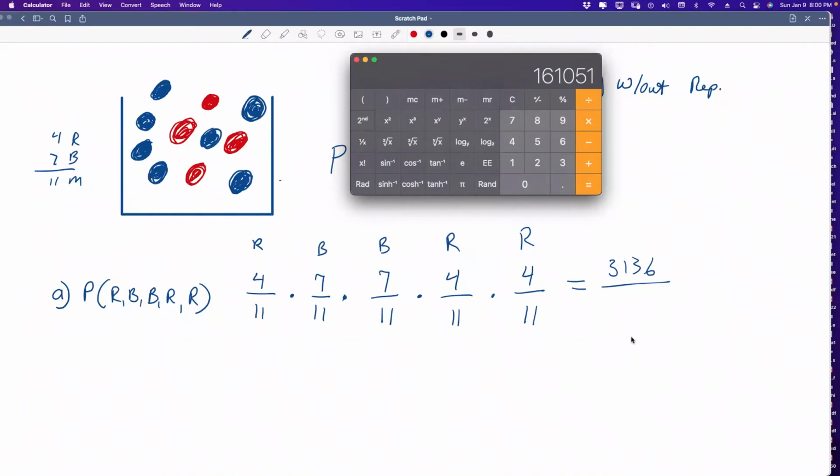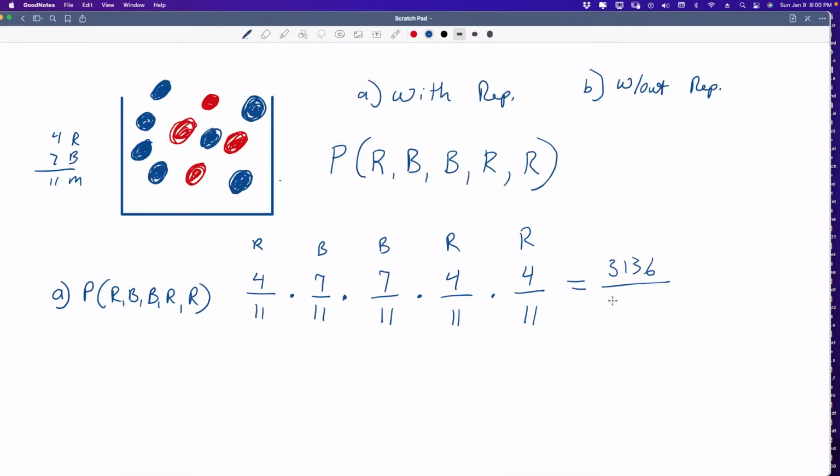So it's 161,051. And if I wanted to, I could take the time to see if that will reduce. I'm not going to do it right now because I just want to see how this works without replacement as well. So let's do this without replacement, okay?